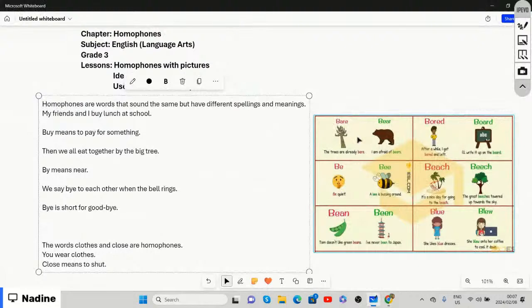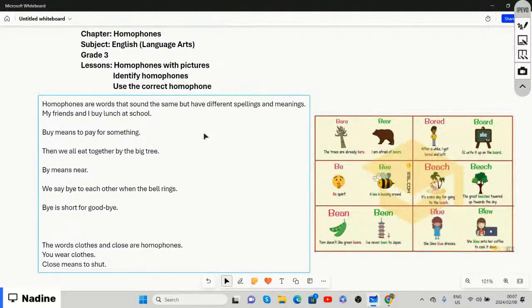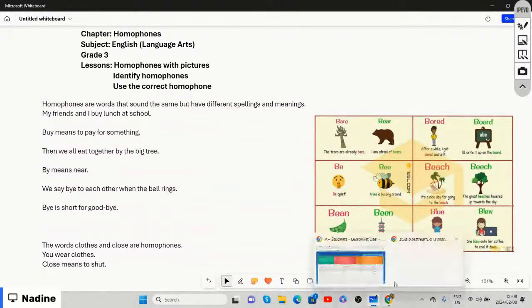And the lessons that we're going to be focusing on today under the chapter of homophones are homophones with pictures, to identify homophones, and to use the correct homophone. So we're basically going to find out what homophones are.